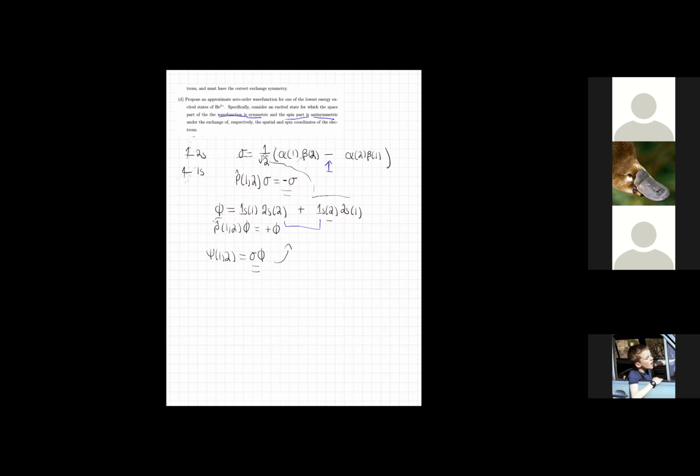So there's a possibility that the first electron is in the 1s and the second electron is in 2s, or there's a possibility that the first electron's in 2s and the second electron is in 1s. Yes, that's why we put both those possibilities down and we put them into linear combinations. Okay, all right, that makes sense. Yeah, that's an easy way to explain it.